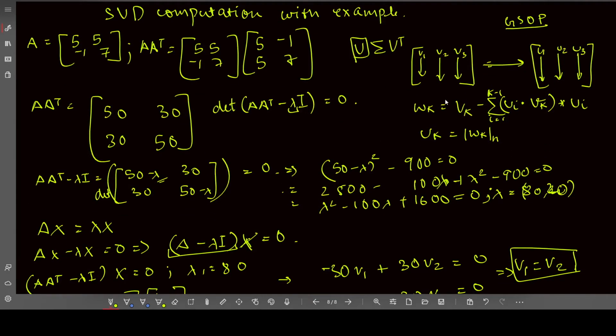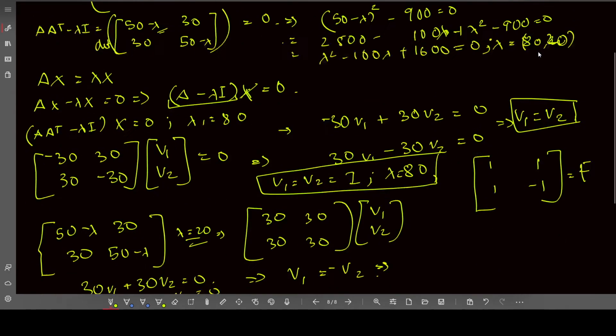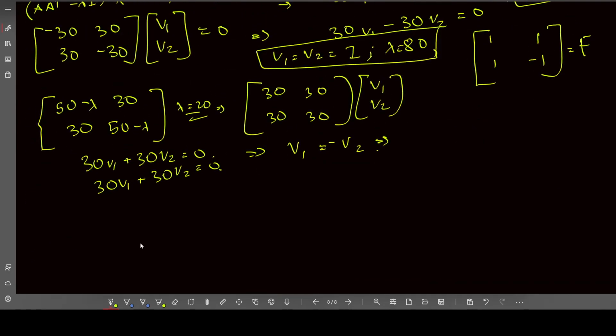This f vector is my f matrix. It's not a vector, it's a matrix. That f matrix is this matrix over here in the Gram Schmidt orthonormalization process. So now I have to apply this formula and find the orthonormalized matrix for that.